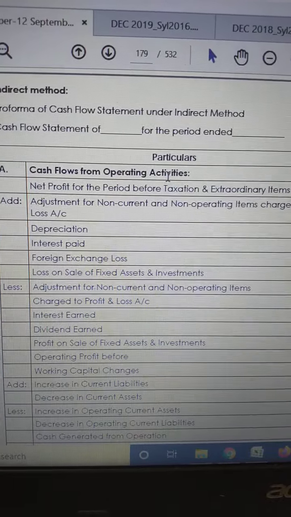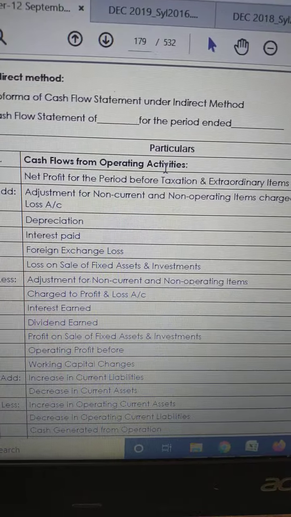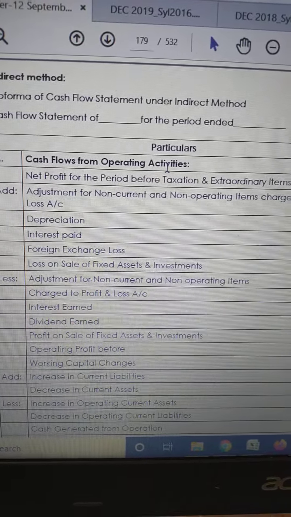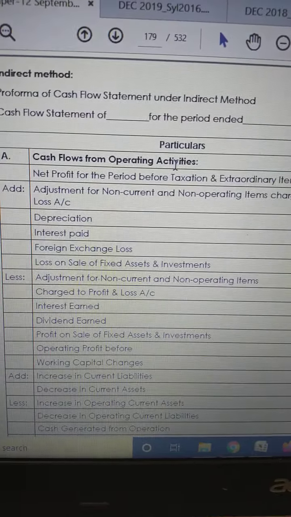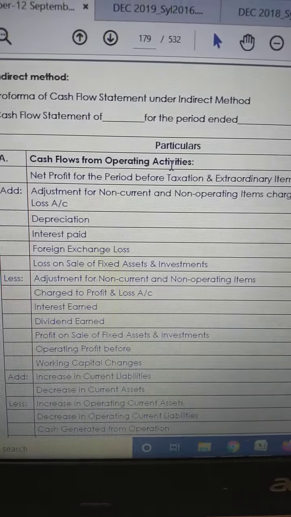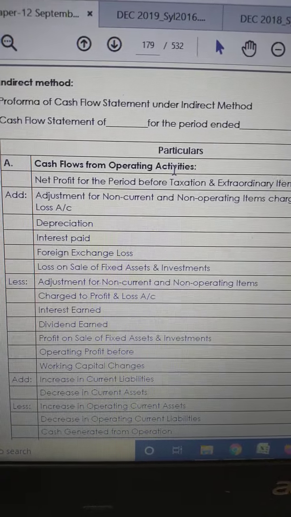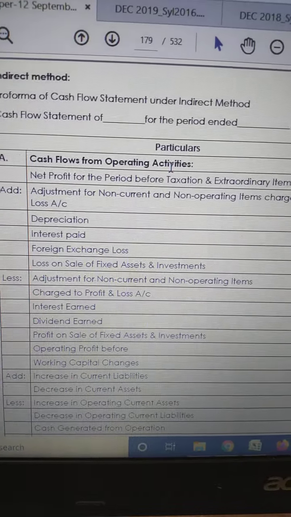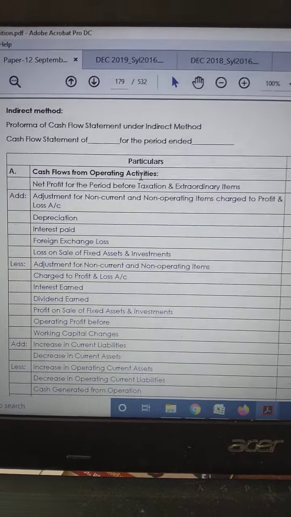The purpose is examination, so prefer your past suggested answers. Similar problems are tested, and for all these things the basic is format. Presentation is very important for cash flow statement, so I request all of you to please go through the format.